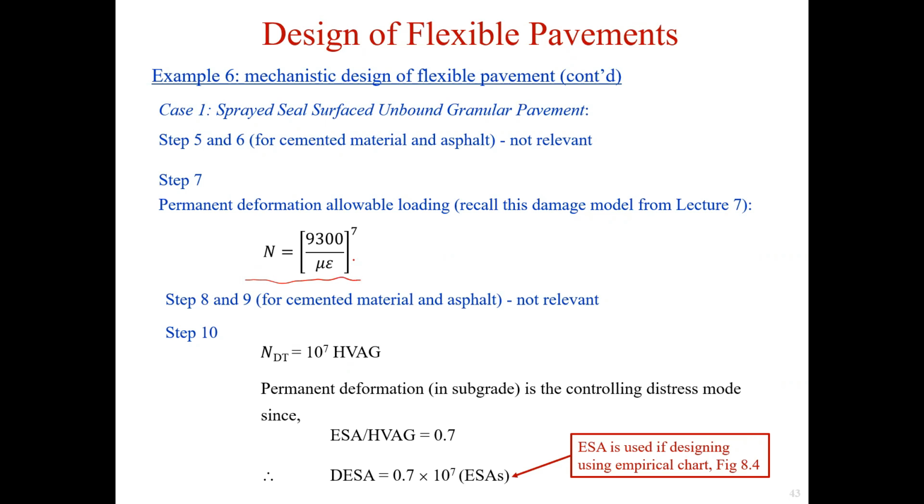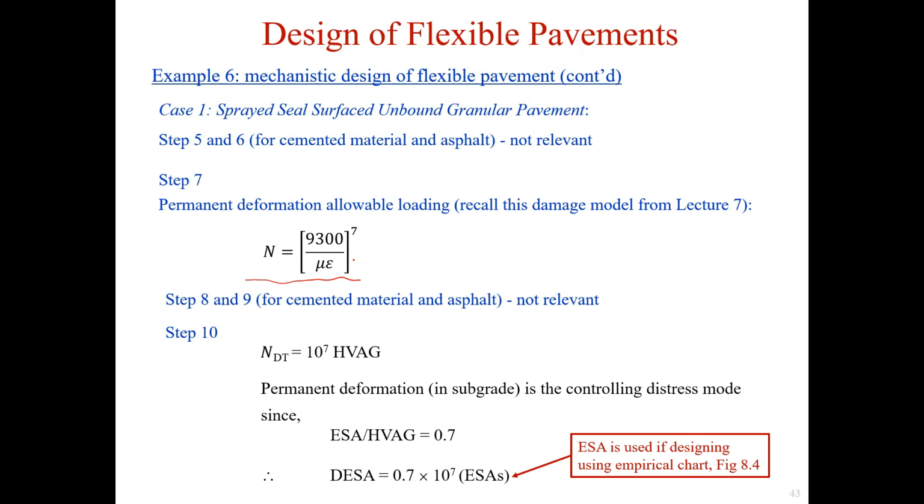Steps 8 and 9 are again for cemented material and asphalt, and they are not relevant here as well. Step 10 is to determine the design number of standard axle repetitions (SAR) for each relevant distress mode. For this case, the permanent deformation in subgrade is the controlling distress mode.